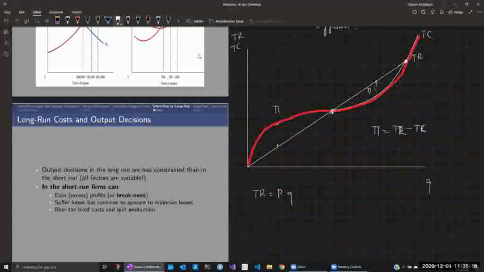I think the easiest way is to draw a line that is parallel to total revenue and also tangent to total cost. And when they are equal, then I can find the maximum distance. So it is basically equal to the derivative of the difference function, if you like.